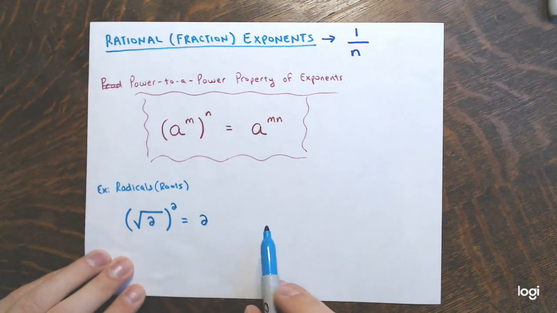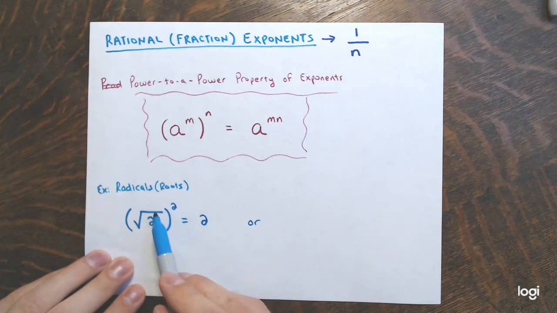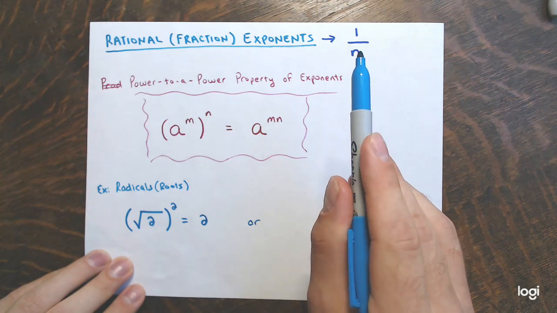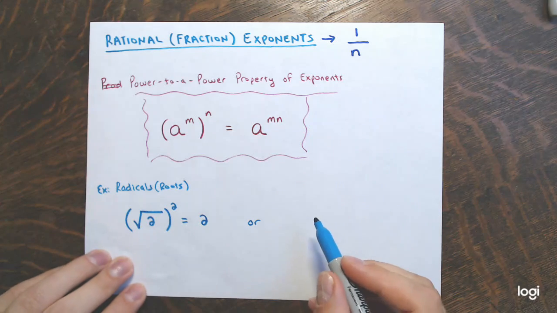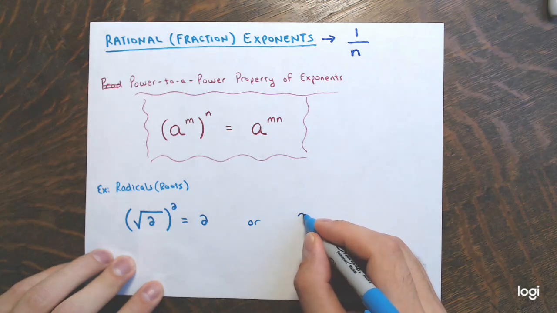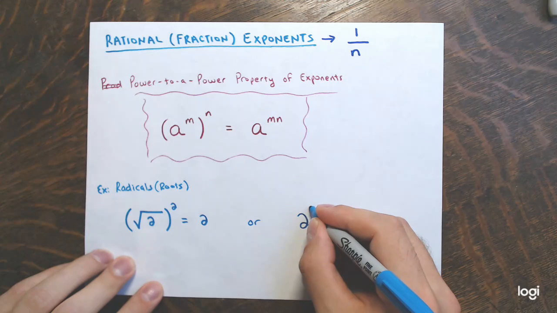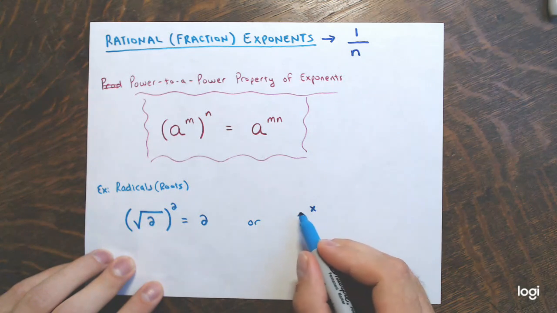Well, let's think about this another way. You're going to see in a second that radicals are going to mean the same thing as these fraction exponents. Instead of thinking about this as the square root of 2, I'm going to think of this as 2 to some exponent, 2 to the, I'll use x, some unknown exponent.